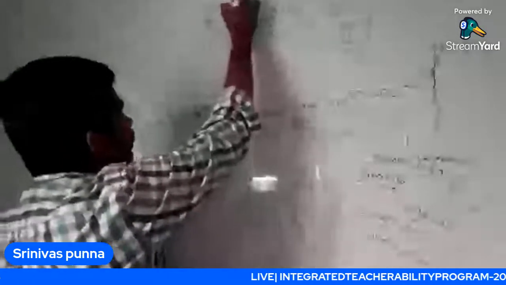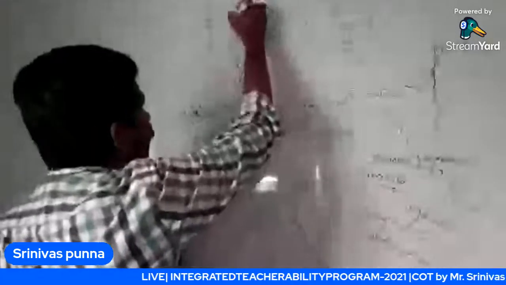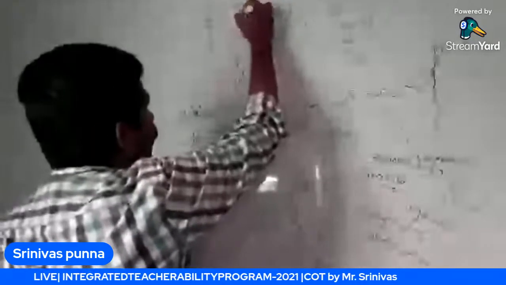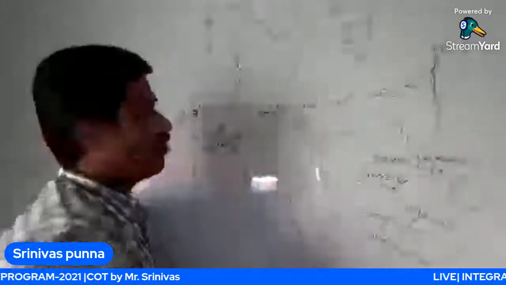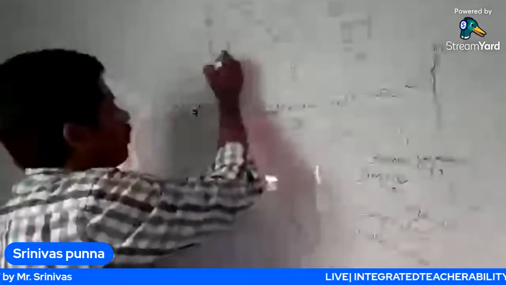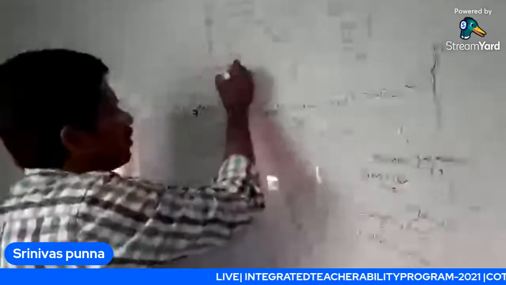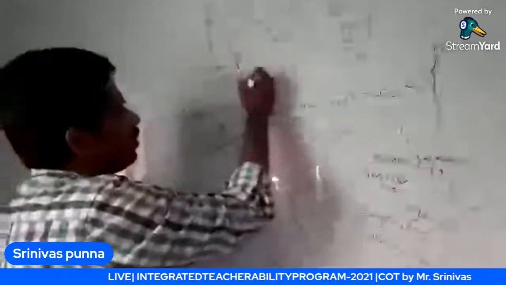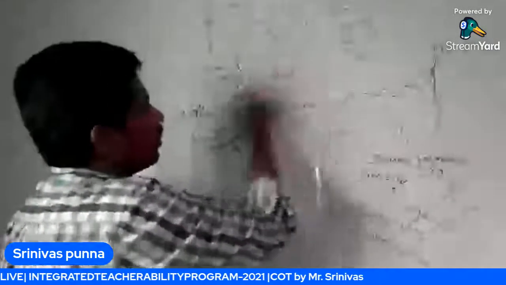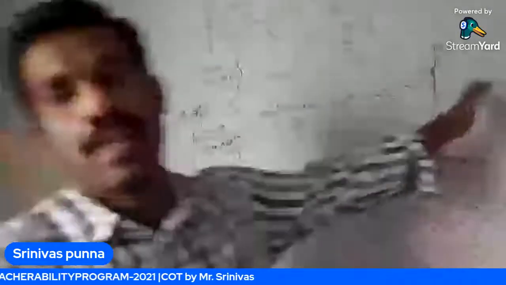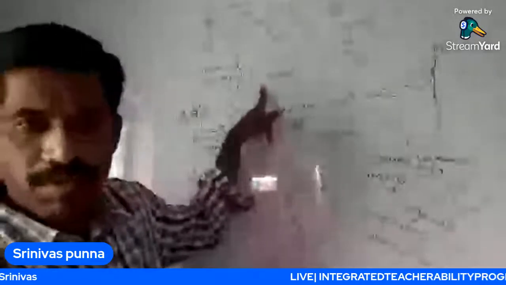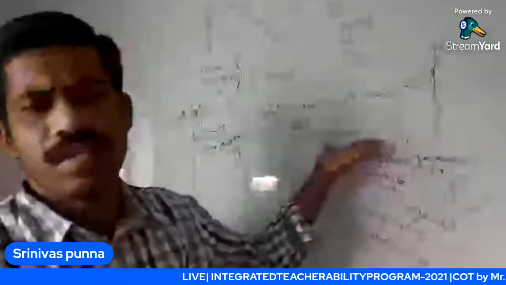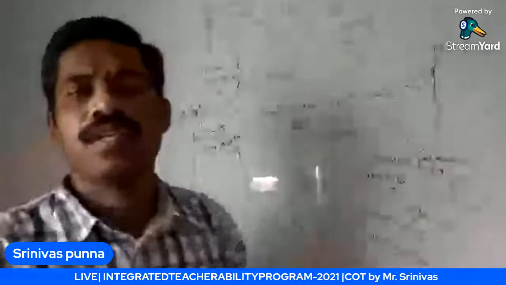The sun takes 4 minutes to move from one longitude to the other. Because of that, 30 into 4 is 120 minutes, and 120 by 60 is 2 hours. So the time difference between Arunachal Pradesh and Gujarat will be 2 hours. Why? Because of the 30-degree longitudinal length. So be careful, be cautious.